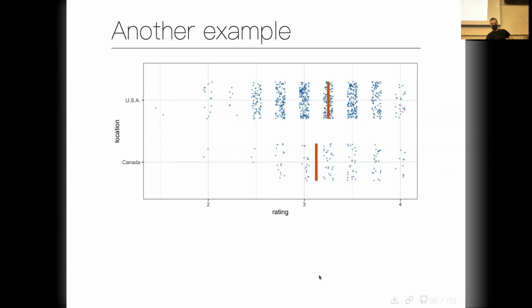So these lines are randomly pulling one value from Canada and one value from the US, and you can see how often the US is higher versus how often the Canada one is higher. The point is to show that there's a lot of variability in this too. Even though the mean might be slightly higher, that doesn't mean a whole lot for one randomly chosen chocolate bar from each country.